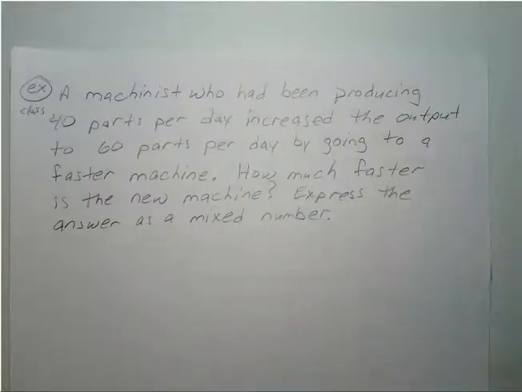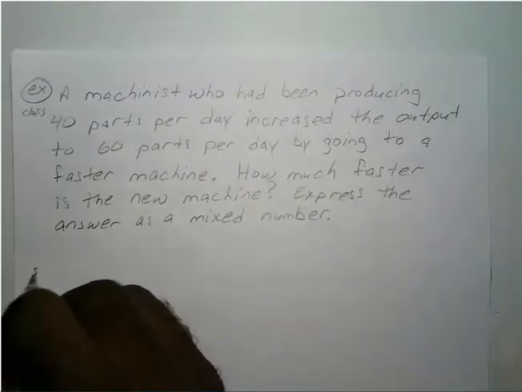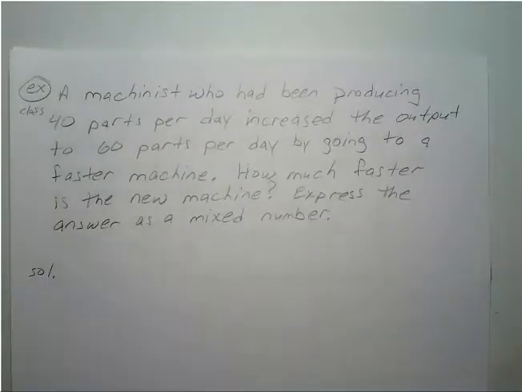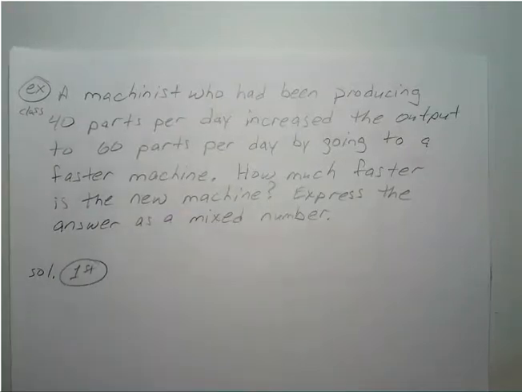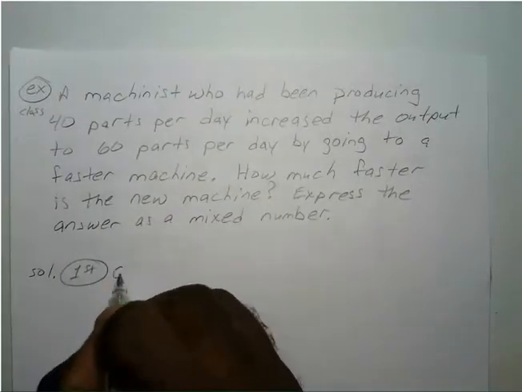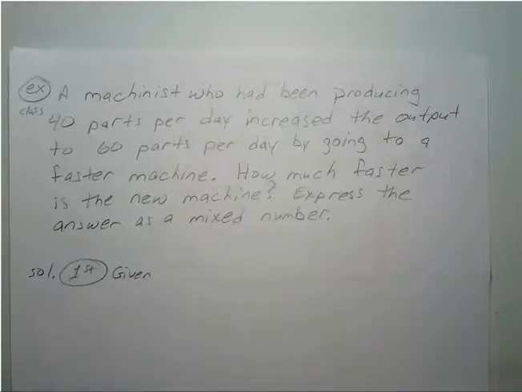All right, so I'm assuming you're all done solving this one, and you paused it and got all that done. Let's go ahead and verify your answer. Remember, the first thing you want to do is see what's given to you.